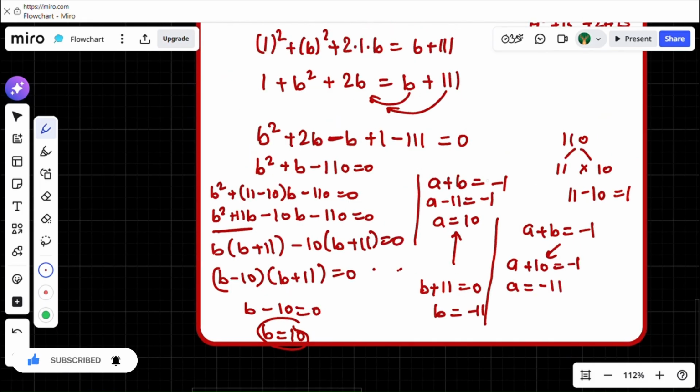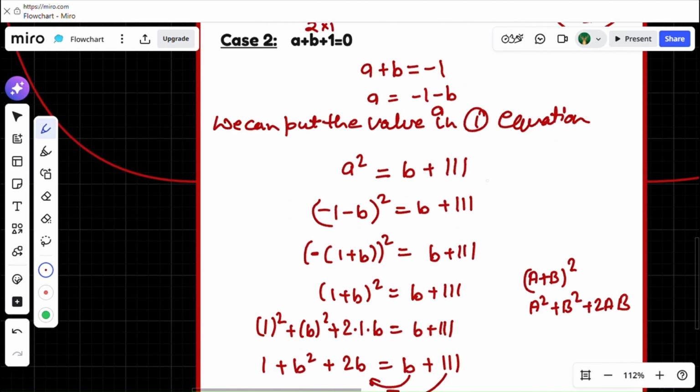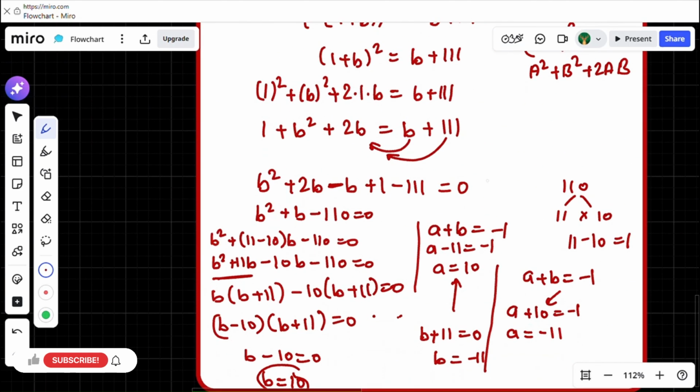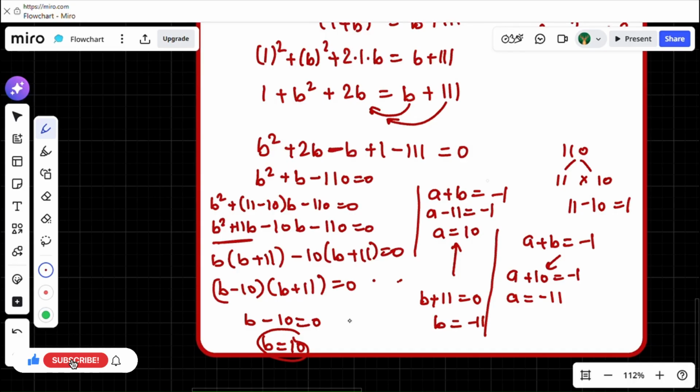So we have 3 values of A and 3 values of B. First case have A is equal to this and B is equal to this. And there are 2 conditions. If I put 10, we get A is equal to minus 11. If I put minus 11, we have A is equal to 10.